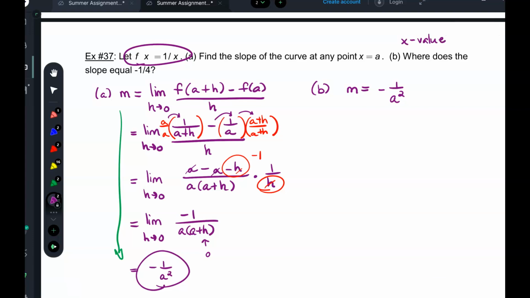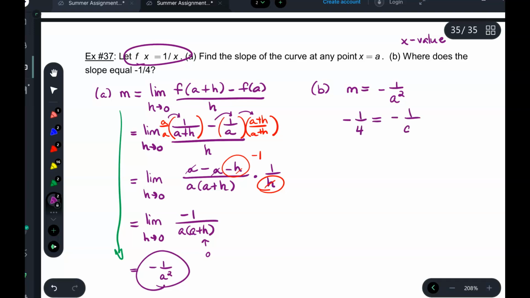So in other words, we're going to be solving for a. X and a are the same in this scenario. So I'm going to set negative 1/4 equal to negative 1 over a squared. Well, the negatives will cancel. We could just do the reciprocal of each side. And when we take the square root, we'll get plus or minus 2 is equal to a, or x equals plus or minus 2.